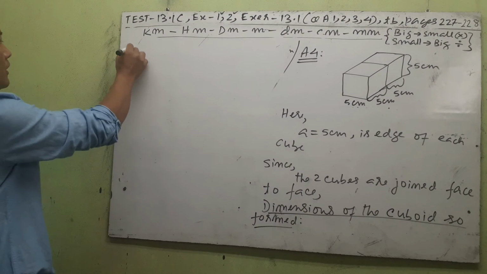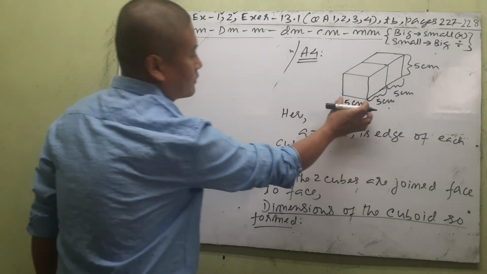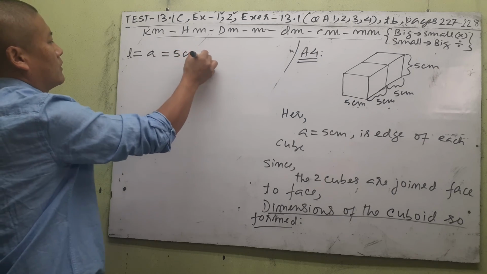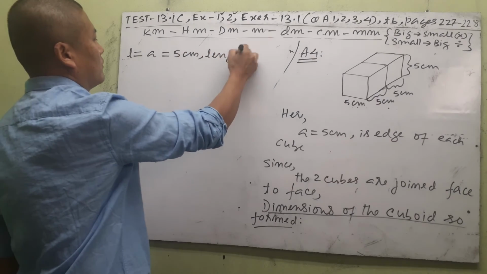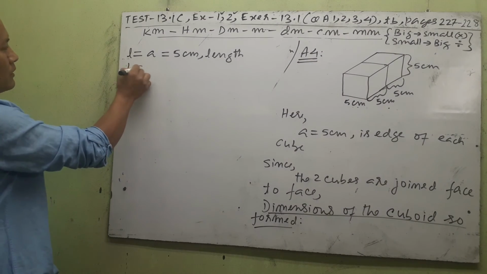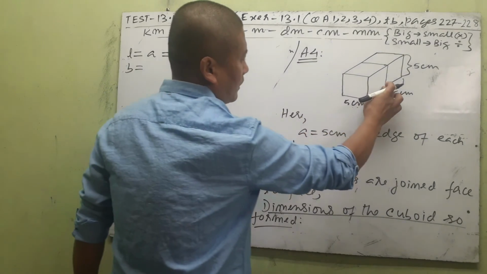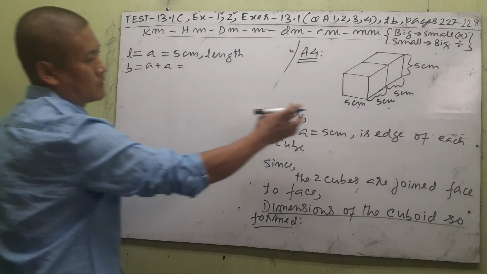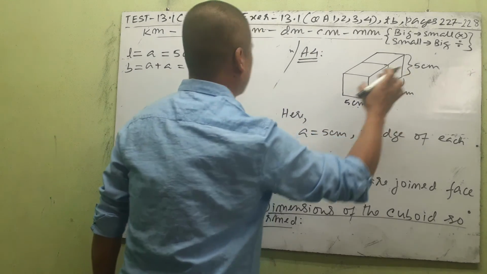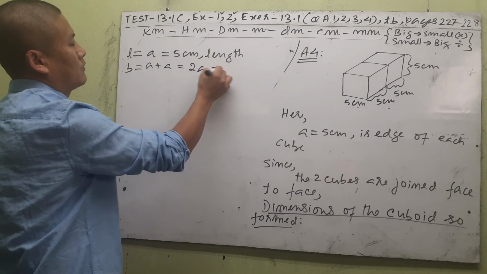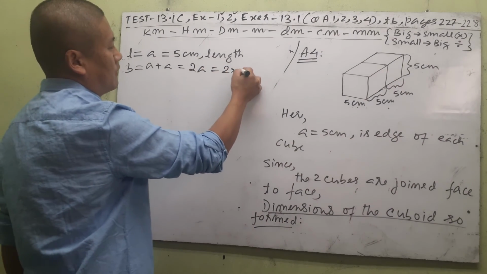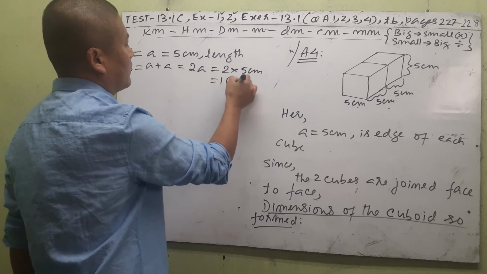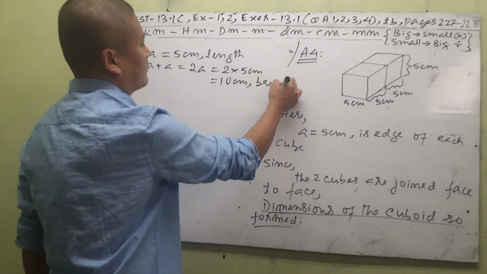Dimensions of the cuboid are L, this one, L will be equal to A, equal to 5 centimeter, the length, because they're joined face to face. B, the breadth, will be A plus A, as you can see, this plus this, so 2A, which is 2 times 5 centimeter, equal to 10 centimeter, the breadth of the cuboid formed.